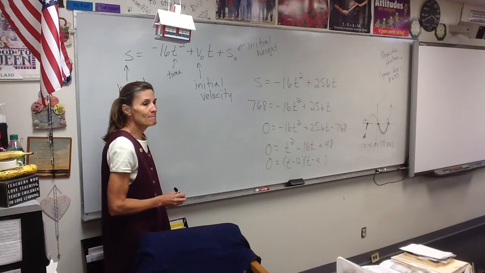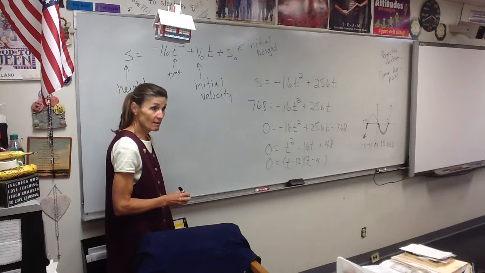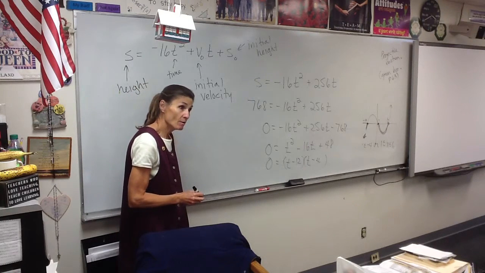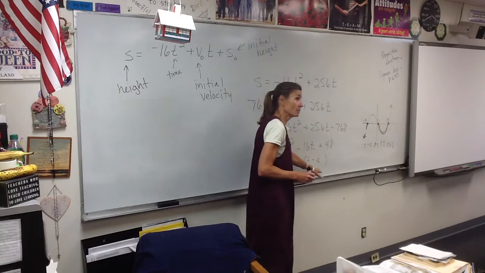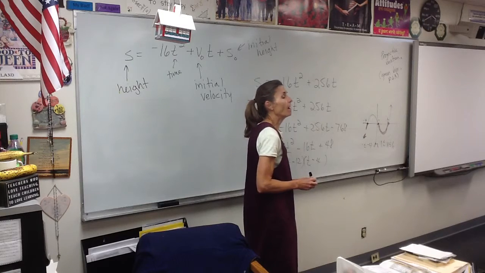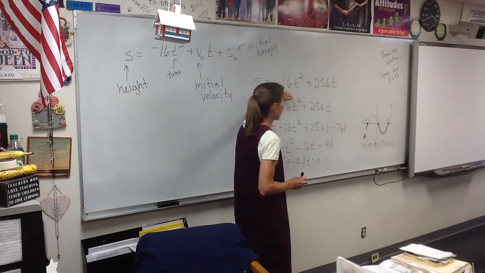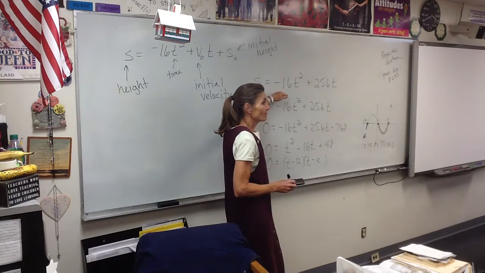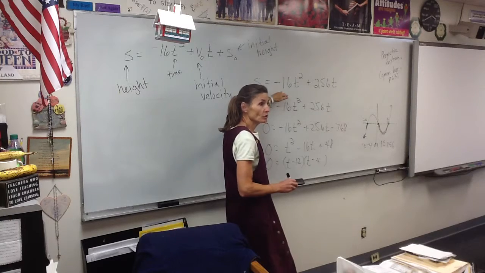Now, what does that mean? That means that the object is 768 feet above the ground after 12 seconds and after 4 seconds. Wait a minute, why are there two answers? It goes up and down, exactly. This is a quadratic equation. What does the graph of a quadratic equation look like?